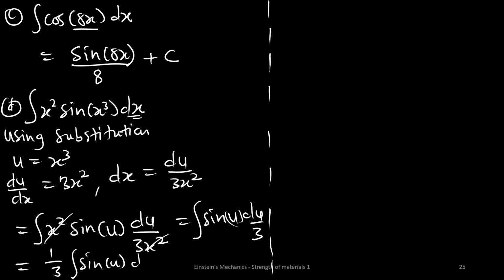Are we good? So we still have 1 over 3 multiplying the integral of sine u, which is negative cos u, plus our constant c. So this can be the same as negative 1/3 of cos u plus c.